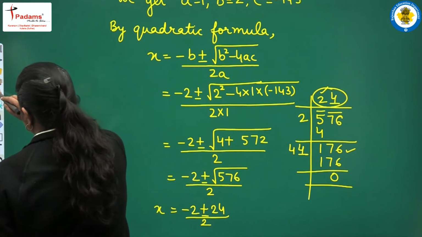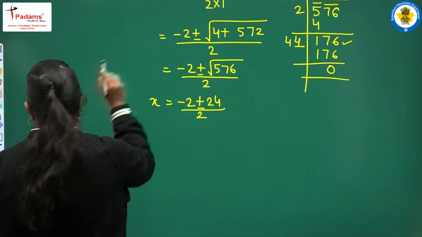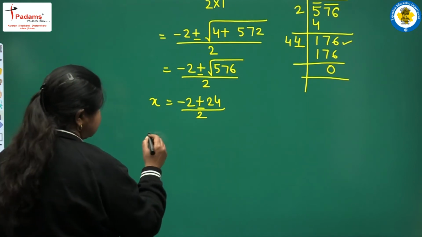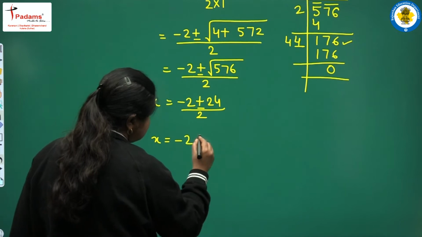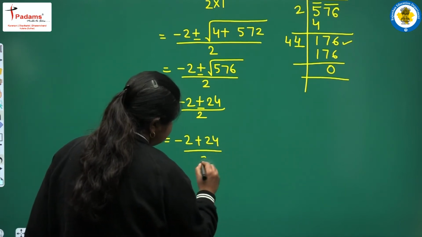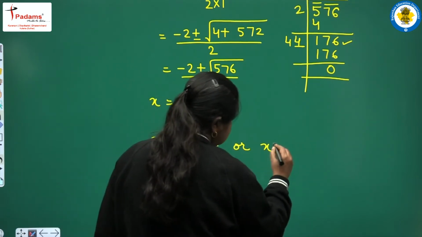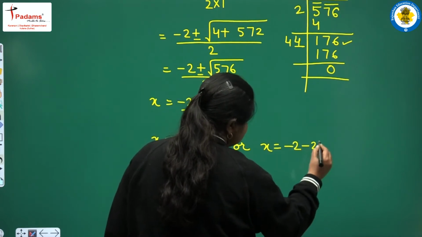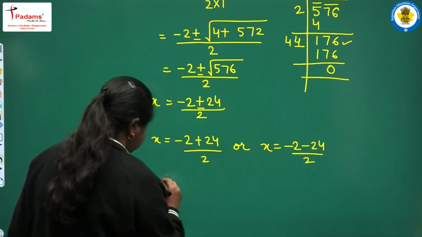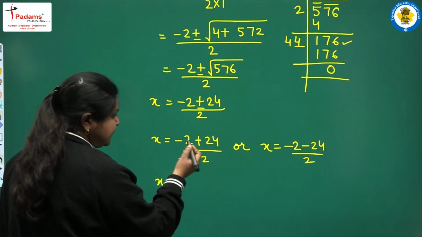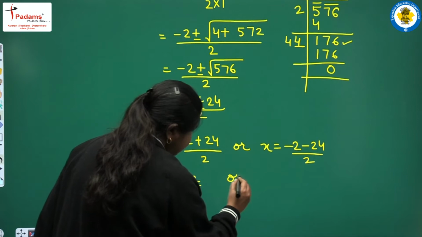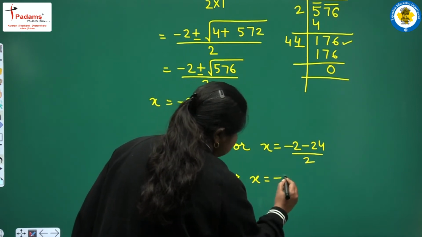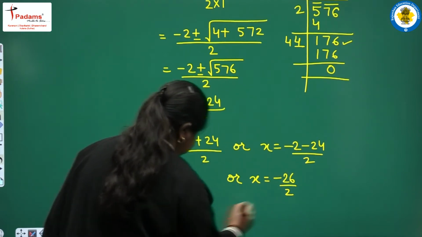One value we will be finding by placing plus in between and one by taking minus in between. So x will be equal to minus 2 plus 24 upon 2, or x will be equal to minus 2 minus 24 upon 2. X will be equal to 24 minus 2, it will be 22 upon 2, or x is equal to minus 26 upon 2.